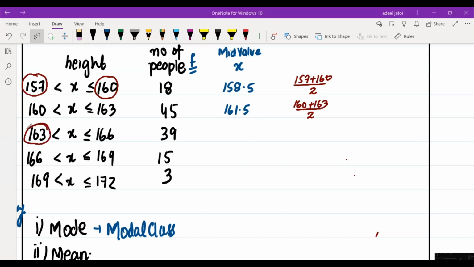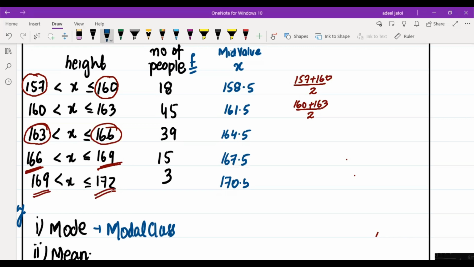Here your lower value is 163, your upper value is 166. 163 plus 166 divided by 2 gives 164.5. Similarly, lower value 166, upper value 169: you add them, divide by 2, your value is 167.5. 169 and 172, you add them, divide by 2, you will get 170.5.